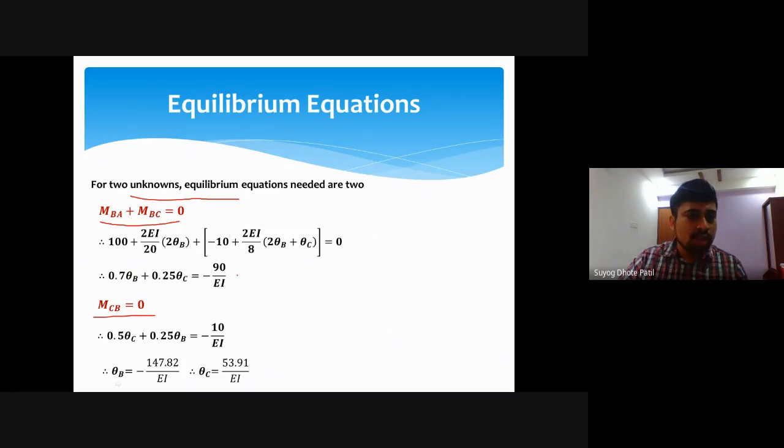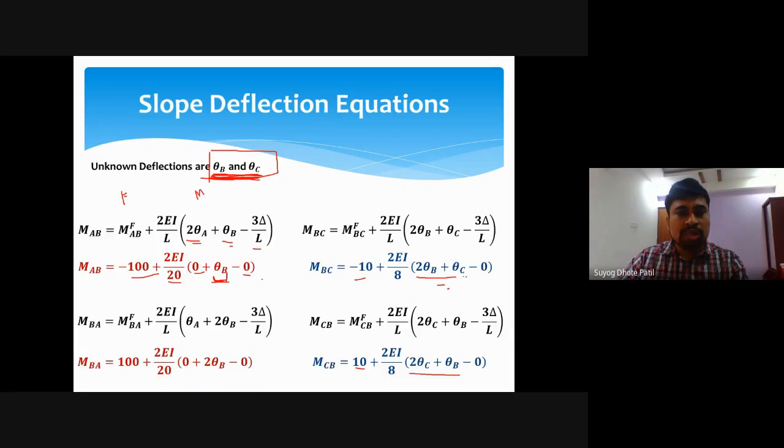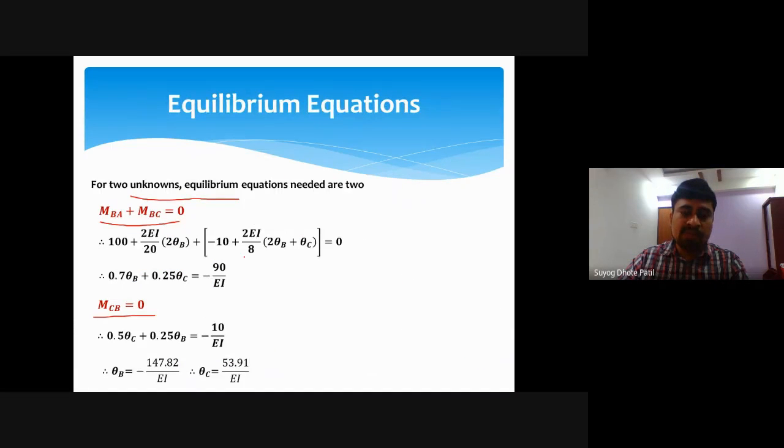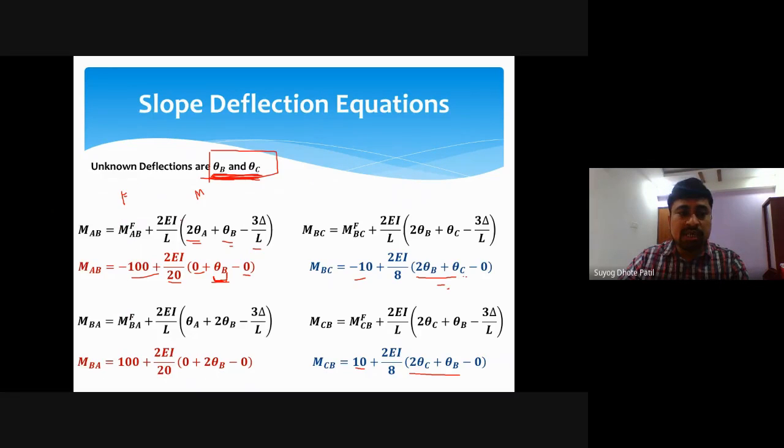By substituting all the values in this equation, it is simple. Now remember one thing: this formulation for MAB, MBA, MBC or MCB is standard, always standard. The notation will change, but the nature of this equation will remain the same all the time.